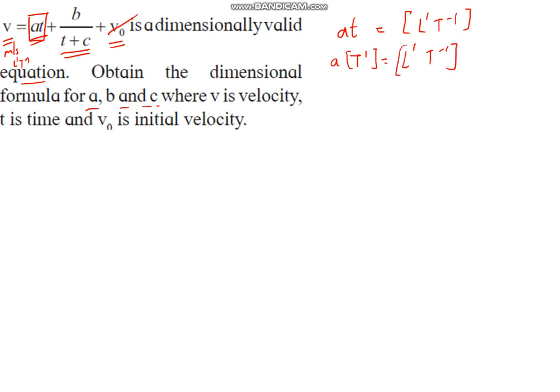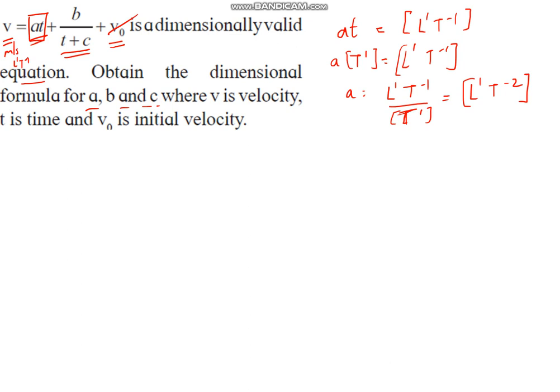Now to find A, we will put this T1 on the other side, so it will go in the denominator. Denominator में 1 है तो न्यूमरेटर में जाके -1 हो जाएगा. So you will have L1 is equal to L1 and T minus 2. So this is nothing but acceleration actually.